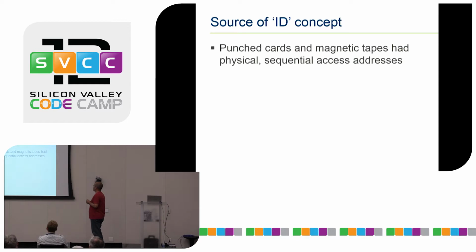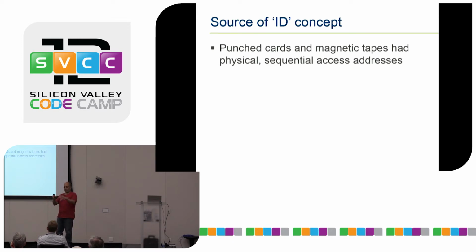So the source of the ID concept in people's mind actually has a historical reason. When we had punched cards and magnetic tapes, they all had physical address pointers. The cards had a sequence to them. You had to put them in sequence.